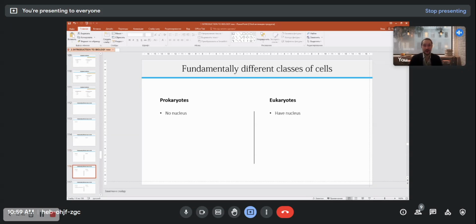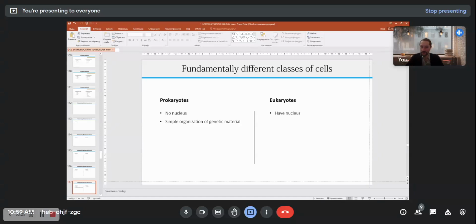And once again, all cells that belong to the human body, and you will spend a lot of time studying different types of these cells, belong to eukaryotes, cells that have a nucleus. But the presence of the nucleus, being very obvious, is not the only point of differentiation between prokaryotes and eukaryotes.